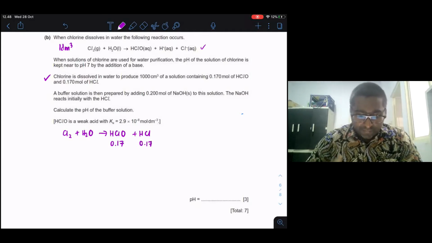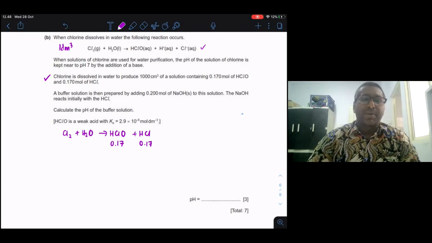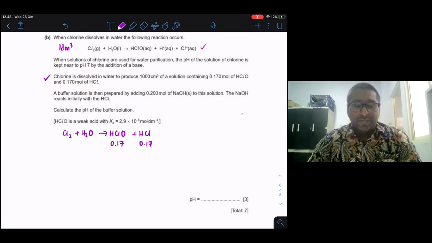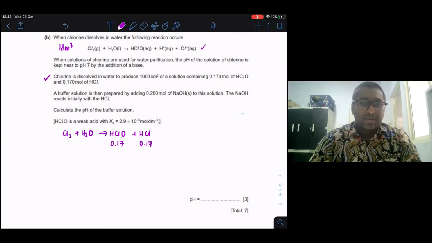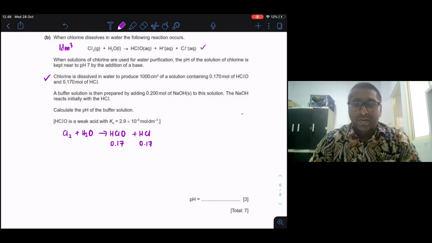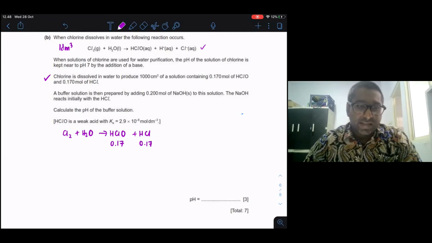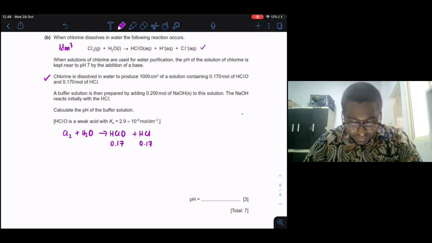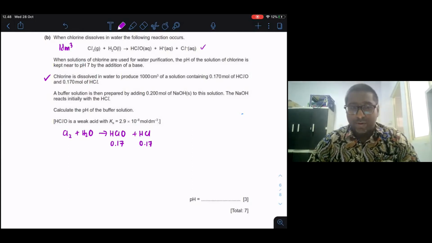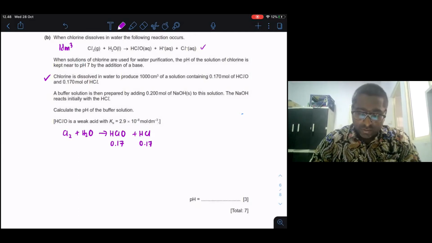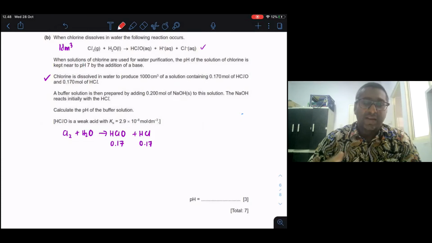Now, a buffer solution is going to be prepared. We are going to prepare a buffer solution by adding sodium hydroxide to this solution. The sodium hydroxide initially reacts with HCl. They mentioned that when you add sodium hydroxide, it reacts with HCl. Let's look at it in a much easier way.